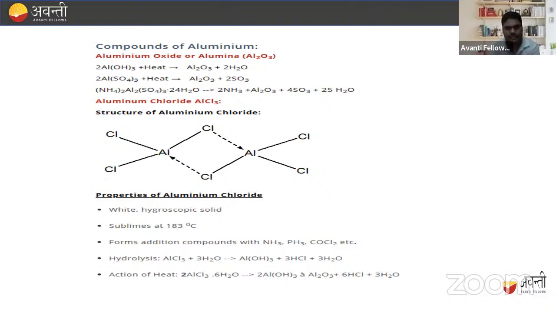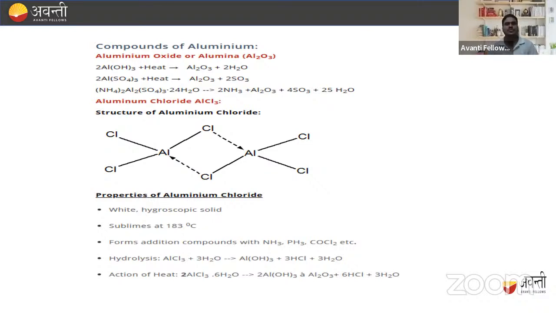Now, let's see some compounds of aluminum as well. Basically, aluminum oxide, or we say alumina, that is Al2O3. So what are the compounds of aluminum? The first one is aluminum oxide, Al2O3, or alumina. How will you prepare Al2O3?